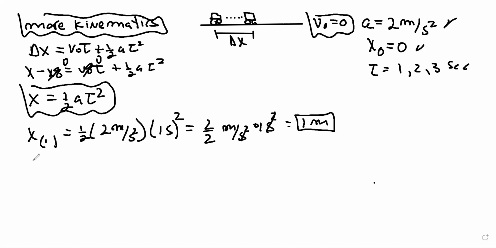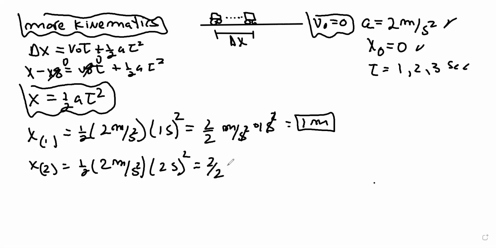Let's do it for 2 seconds. It's 1/2 times 2 meters per second squared, your constant acceleration, times 2 seconds squared. So it's 2/2 meters per second squared times 4 seconds squared. You cancel seconds squared with seconds squared, and this is going to be 4 meters.